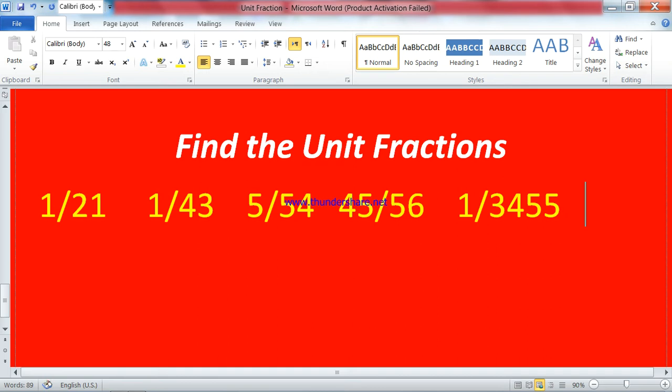Then 4 upon 43, and then 1 upon 45. So there are 1, 2, 3, 4, 5, 6, 7. There are 7 choices, and you have to find in these 7 which are the unit fractions and which are not unit fractions.